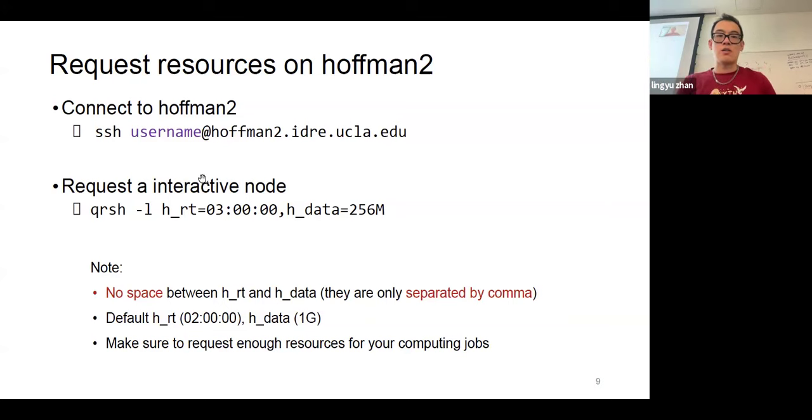To request an interactive node, the command is qrsh, and the -l stands for requesting a certain type of resources. Right after the -l flag, you input what specific resources you want to request. You can specify the runtime, or the amount of memory that you want, and separate those with commas.